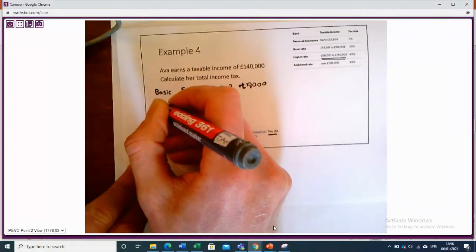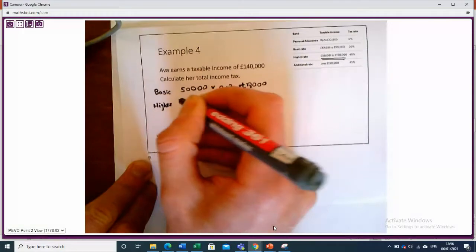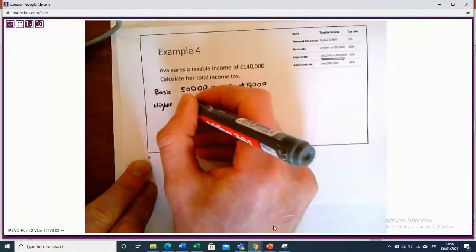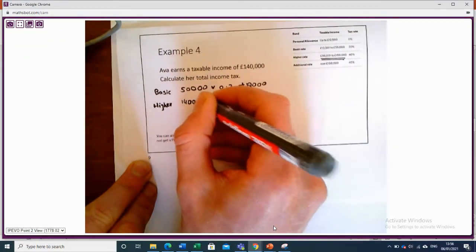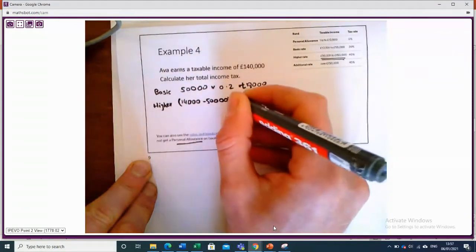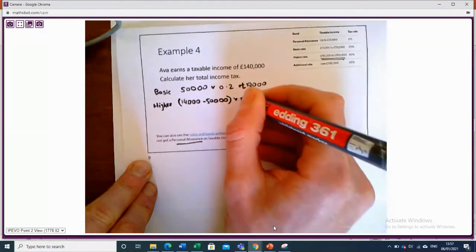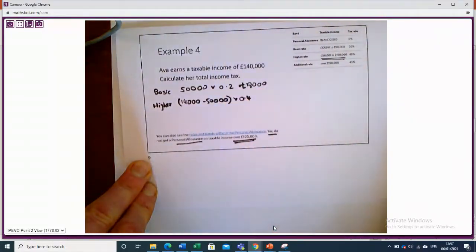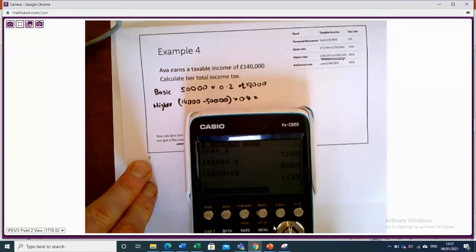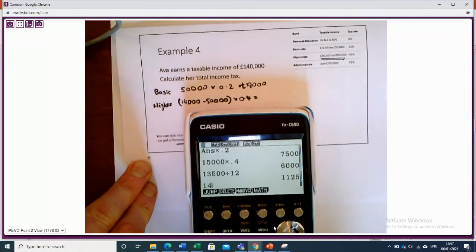And then higher, 140,000 down to 50,000, which is obviously 90,000. She pays 40% on that. £90,000 times by 0.4 is 36,000.